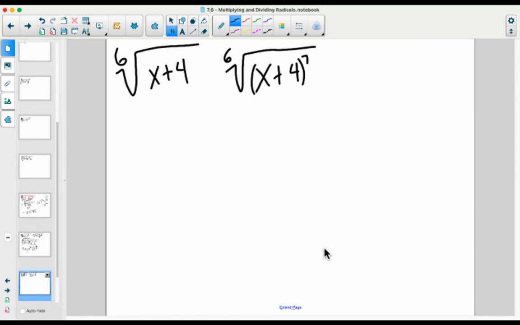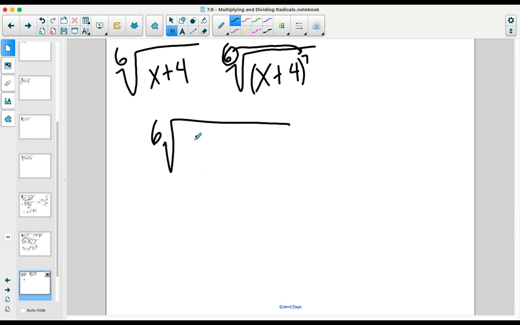In our last example, we have an entire binomial that's inside of the expression. Now this root is lower than that power, which means that we could do some simplifying there. But keeping with the same trend, it makes sense to continue with multiplying the inside. So we're going to add in an extra factor of x plus 4, which gives me 8 of them, and then working the simplification off of that.